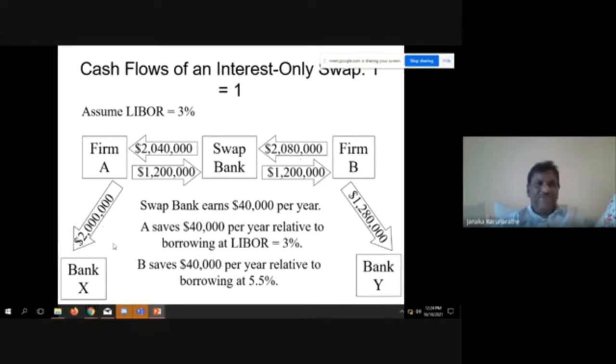So what is the net cash flow? Bank X receives 1.2 million, pays 1.2 million, no cash flow. Receives 2.08 and pays 2.04, 40,000 per year.